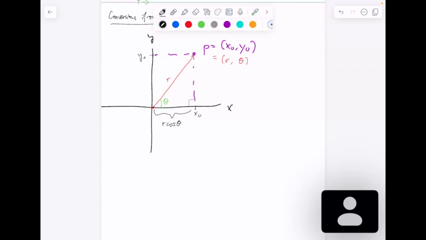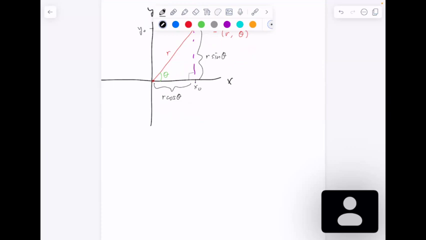And as well, this leg of this right triangle here is given to you by r sine theta, for the exact same reasons, except now you want the sine of the angle, opposite over hypotenuse. All right, so this comes from trig. And so from this, we get the conversion formula from r theta. If you're given a point in polar coordinates and you want the corresponding xy coordinate, then the formula is as follows.